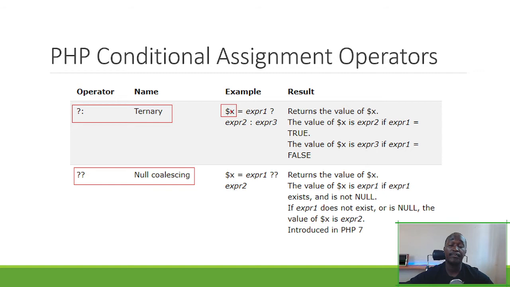This variable will receive some value. Now, that value it will receive is either going to be this value or this value. How it is determined is by evaluating this expression. If this expression is true, then the first value is given. Otherwise, if it's false, then the second value is given.